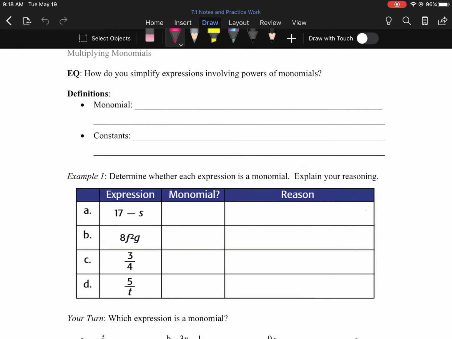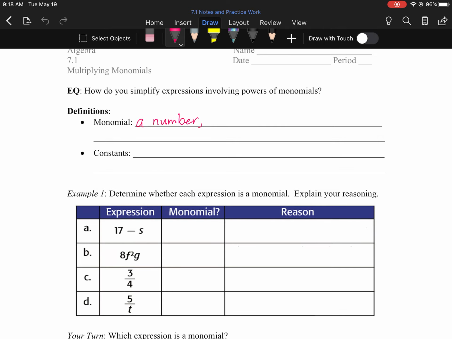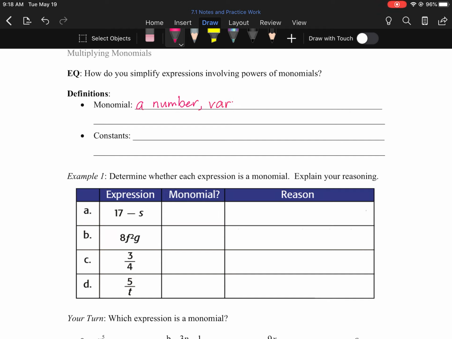So a monomial is a number, variable, or a product of a number and one or more variables. Okay, and that is going to be really important throughout this entire chapter.